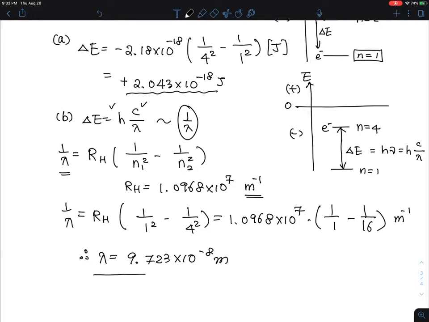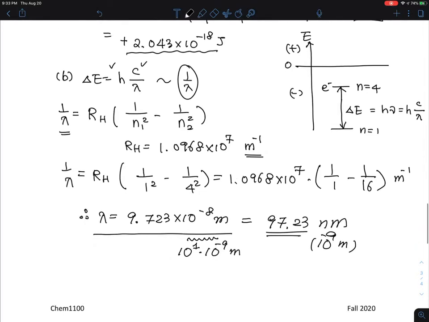In terms of length scale in the electromagnetic spectrum, people typically use units of microns or nanometers. I prefer to use nanometers, so let's convert this. It is the same as 97.23 nanometers, since a nanometer is 10 to the minus 9 meter.